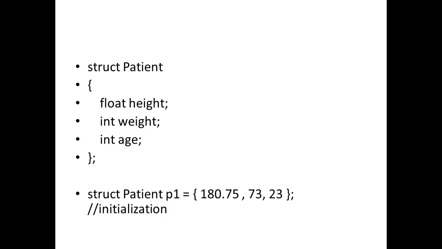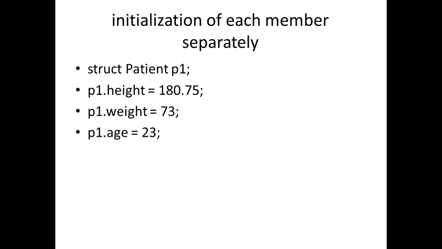The first one is a float data type, and the second and third members are integer values. The values are separated by commas. So this is an initialization of the members.